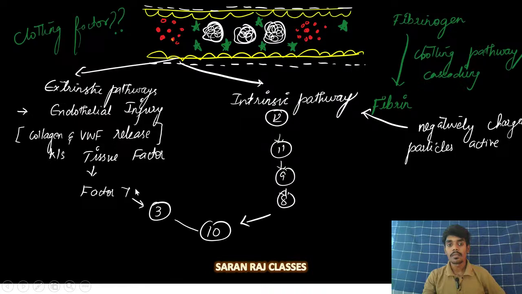This tissue factor further activates factor 7. Factor 7 further activates factor 3, and factor 3 activates factor 10. In another case, there is the intrinsic pathway of blood coagulation. This intrinsic pathway can occur when negatively charged particles activate factor 12, and it further activates the cascade of effects to factor 11, and factor 11 activates 9 and sequentially 8.